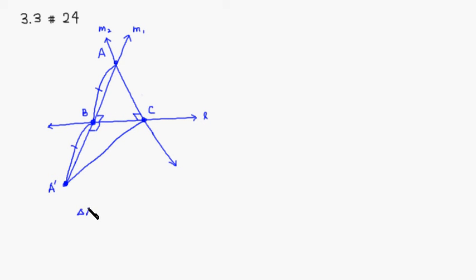So triangle ABC is congruent to triangle A prime BC by side-angle-side, where the angle is 90 degrees, and the side. So side, angle, side, right? So therefore, these two are congruent to each other, right? So that will make this angle 90 degrees as well, all right?